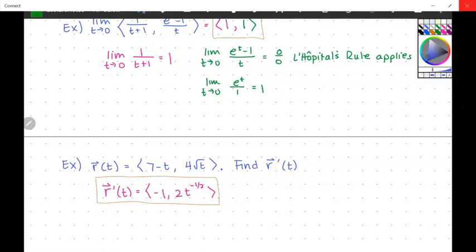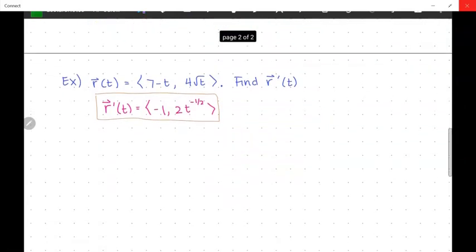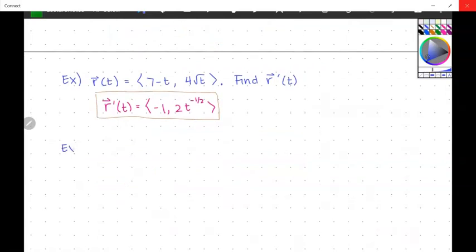All right. How about integration? What about if I asked you to evaluate the integral from 0 to 1 of t e to the negative t squared i plus t natural log of t squared plus 1 j.